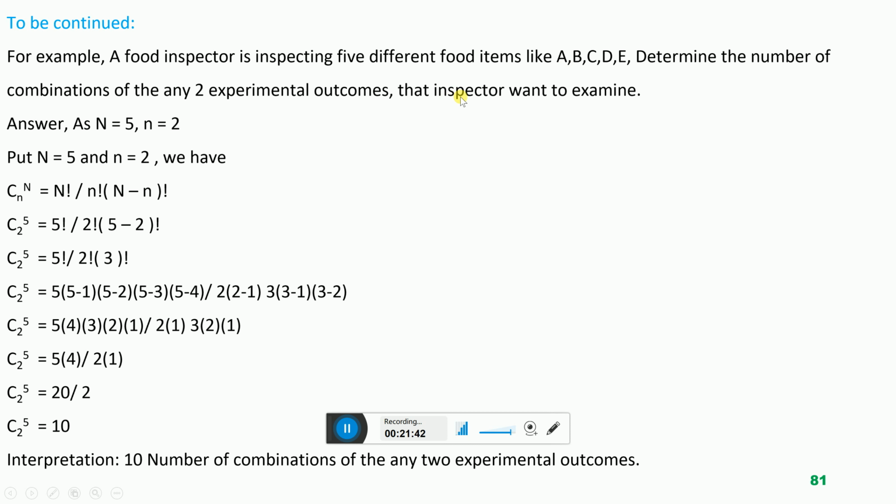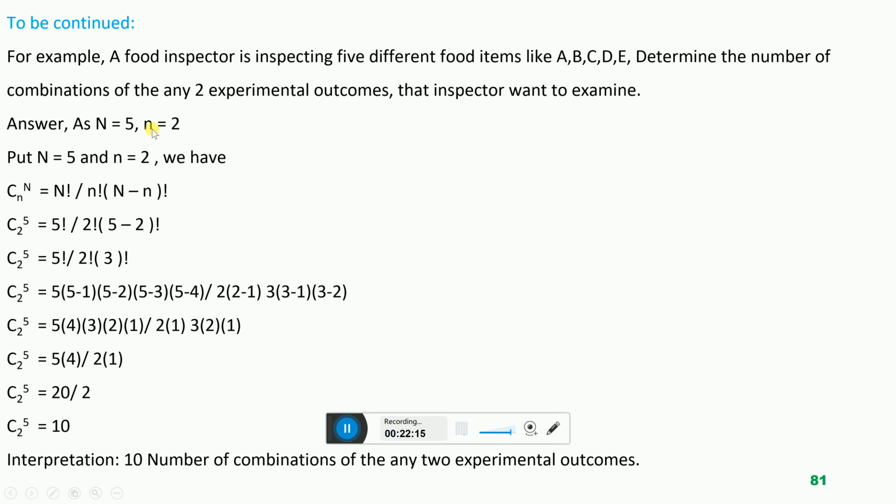So the question in front of the student is this: determine how many total experimental outcomes are possible if the inspector is inspecting any two from the large group of 5 items. For the large group of items we use the symbol N, and for the small group of items that the inspector inspects, we use small n.